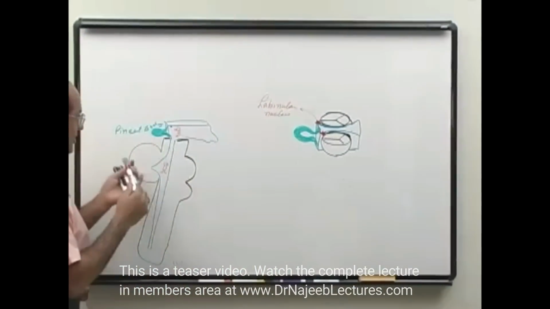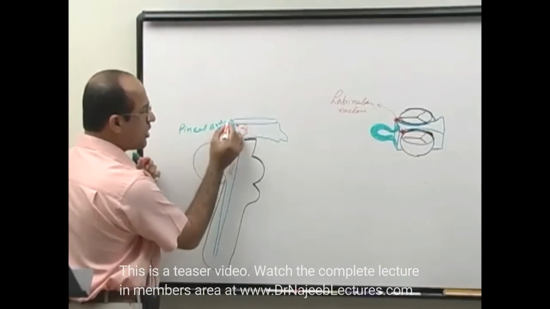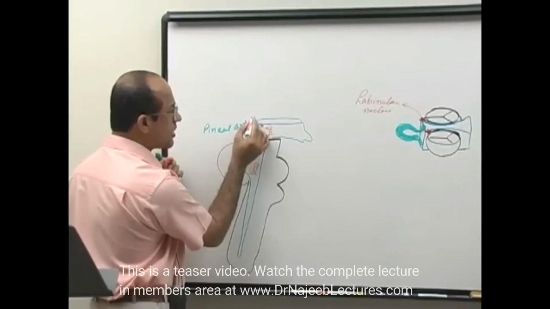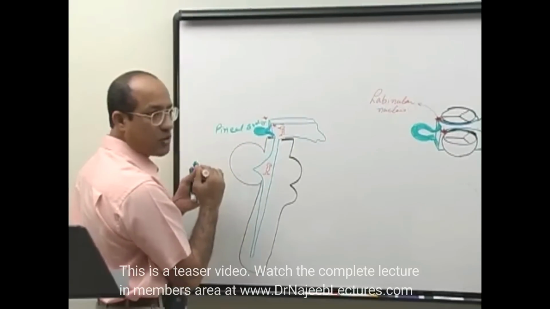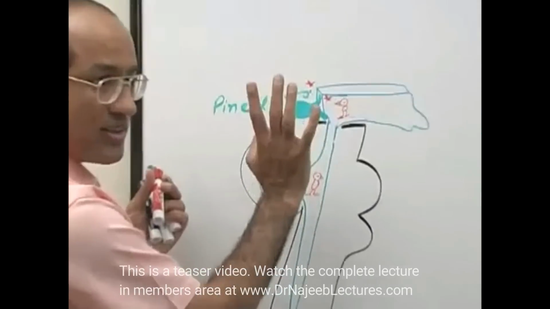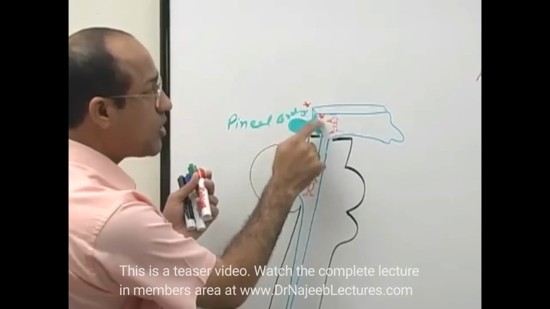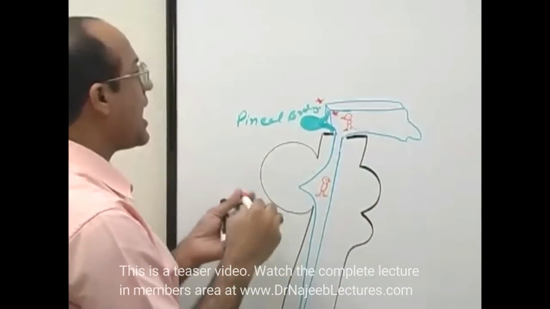So now I will draw again. What is the structure I am drawing here? Habenular nucleus. And what is this structure I am drawing here? Habenular nucleus. So there are two habenular nuclei and one pineal body. And the pineal body with two habenular nuclei is called the epithalamus.